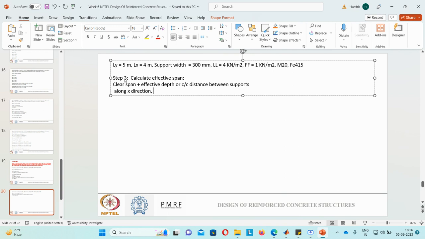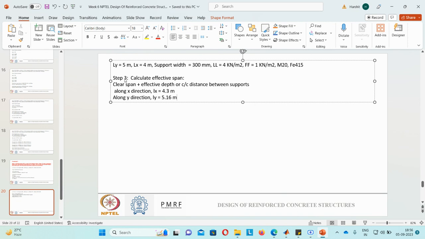Now when you do the calculation, along the x direction your Lx effective will come out to be 4.3 meter, and along the y direction your Ly effective will come out to be 5.16 meter. How do you do this calculation?